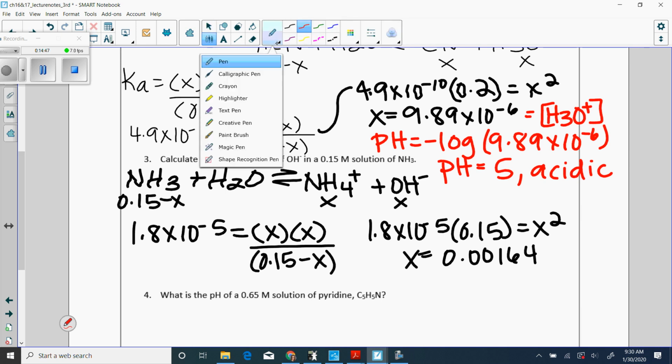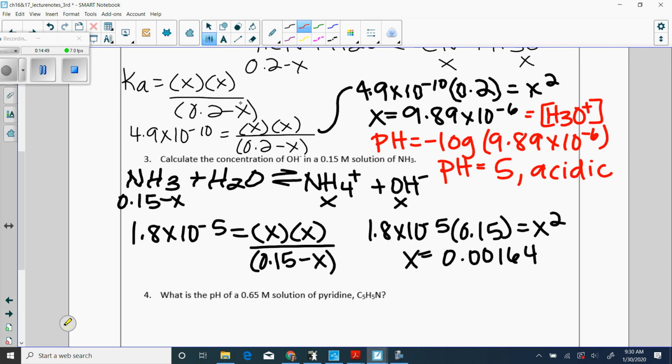Remember what x is, though, for a base. x is hydroxide. x isn't going to be hydrogen, so we have a little extra step to get to pH. We can first get to pOH.